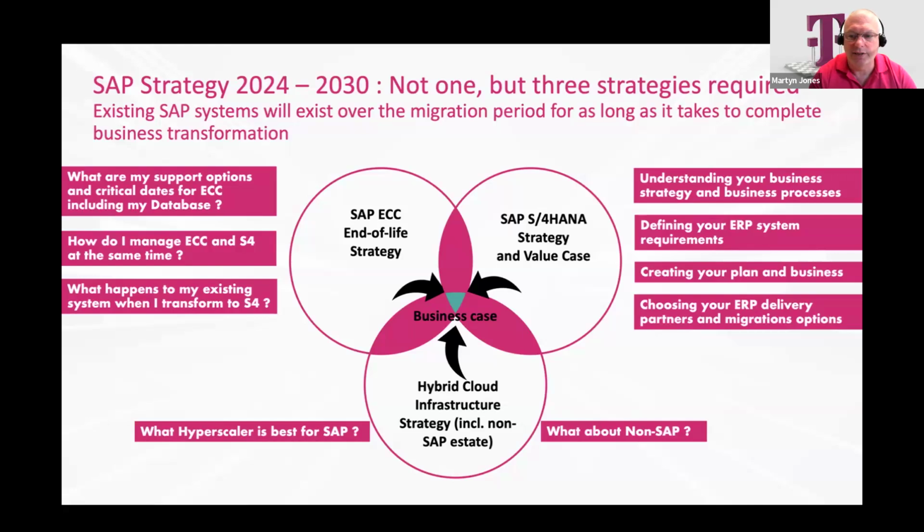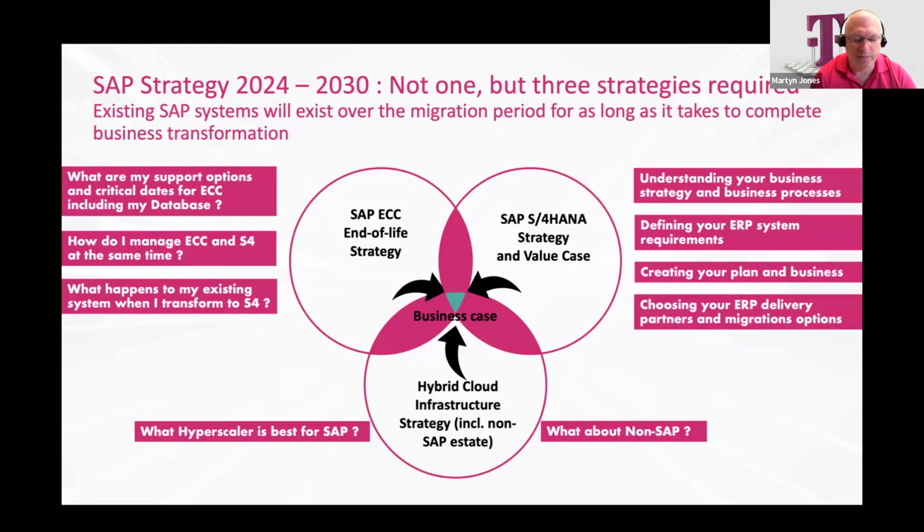So really looking at defining your ERP system requirements, creating that plan for your business, and then using that to choose your ERP delivery partners and your migration options, because there are so many different variances that you can do, but it's also looking at that strategy now.